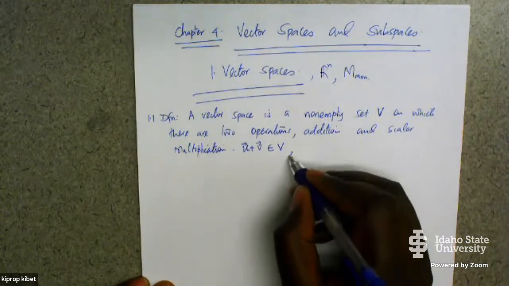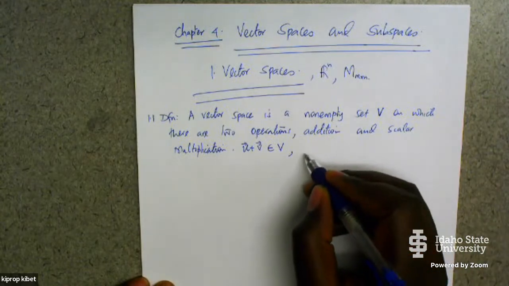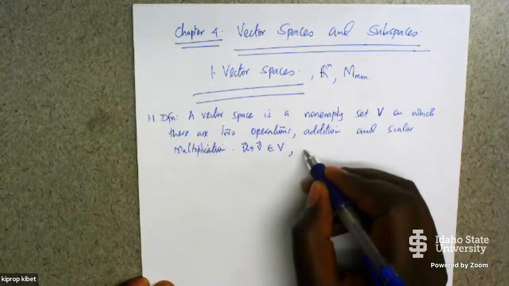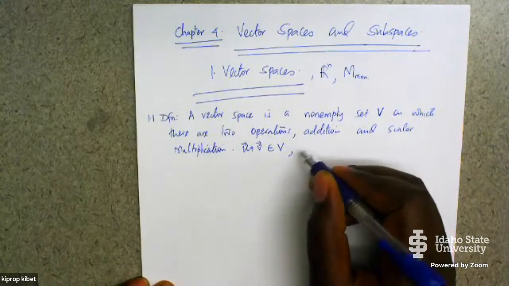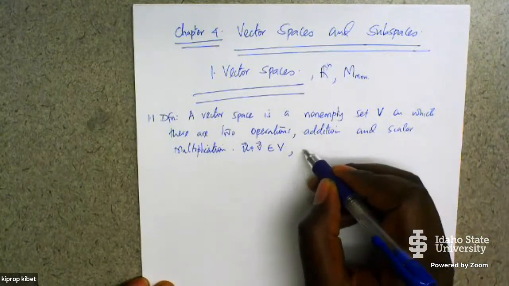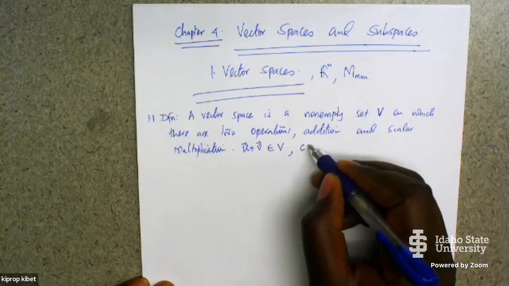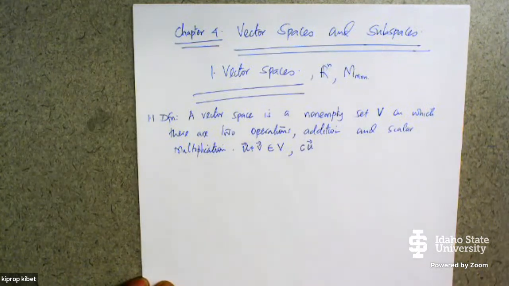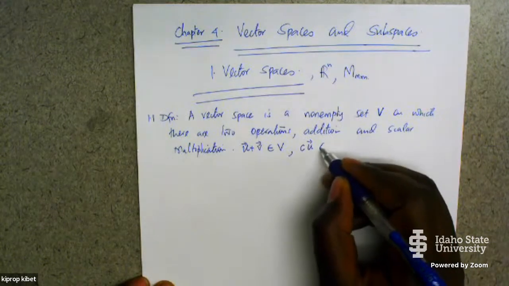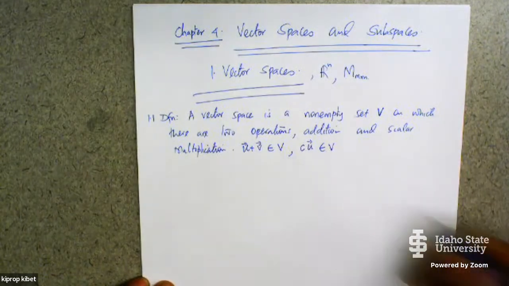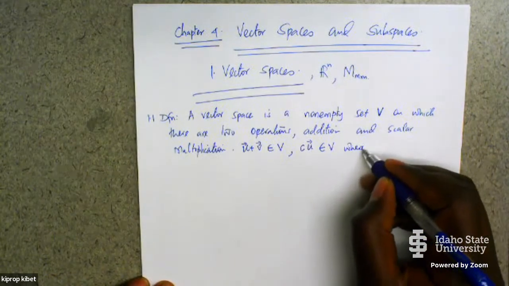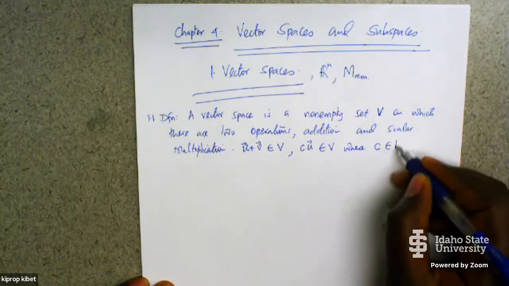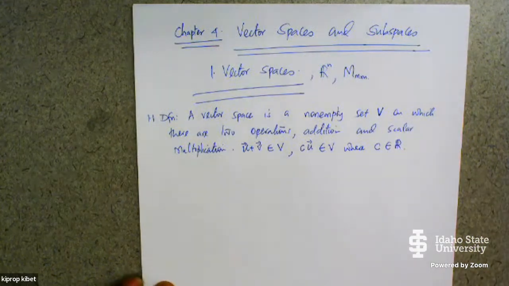And then for the scalar multiplication, c u is also an element of the vector space, where c is an element of the real numbers.